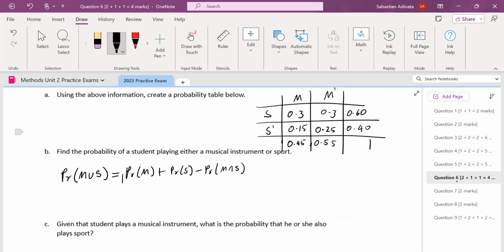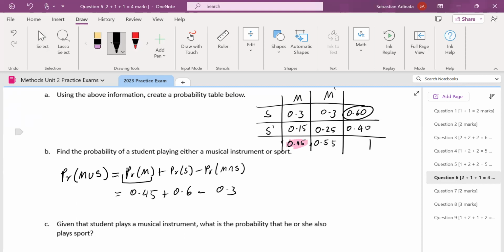From our table, we can read this is, let me get a highlighter, 0.45 plus P of S minus 0.3.